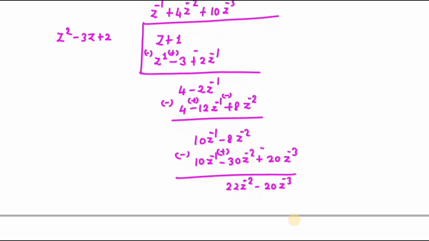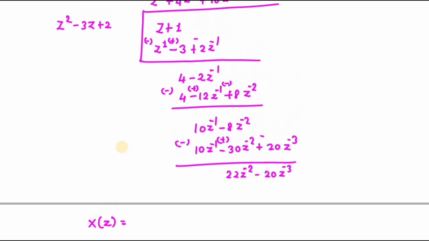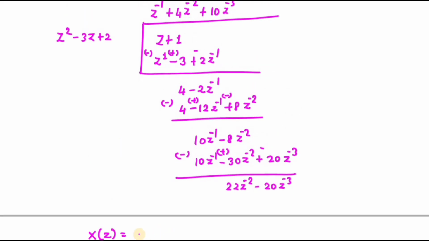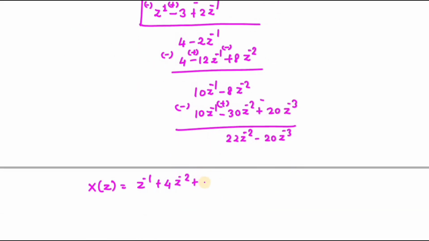So now I can write this X(z) value is equal to, what is my quotient: z power minus 1 plus 4 into z power minus 2 plus 10 into z power minus 3, and it goes on, right?